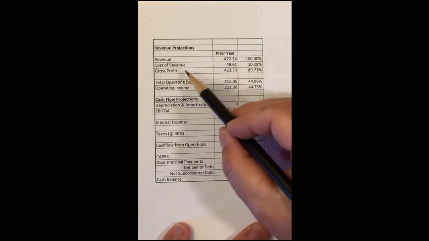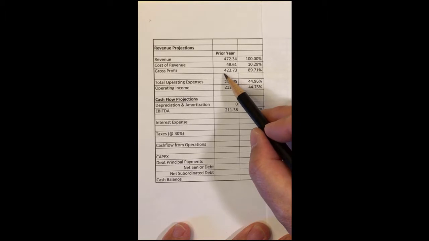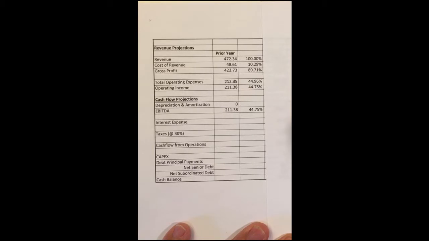Net of its cost of revenue, which in this case, since they're a software business, would be the money that they spend on the ongoing development and maintenance of the software, netting a gross profit of $423 million, and then subtracting $212 plus million of expenses, which in a software business would generally consist of selling, general, and administrative expenses.